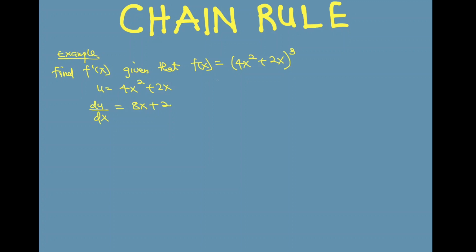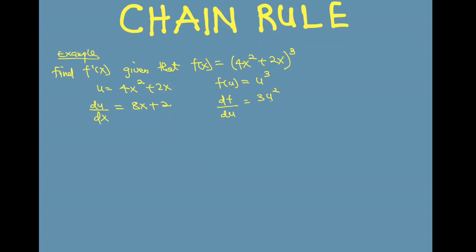Then our function f becomes a function of u, which is u to the third as our outside function. I'll find the derivative of f with respect to u, which gives us 3u to the second.